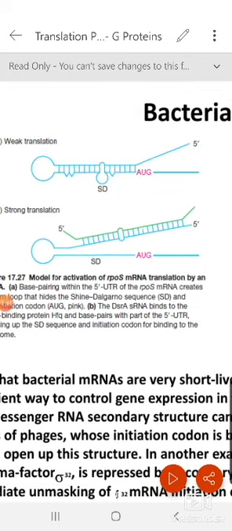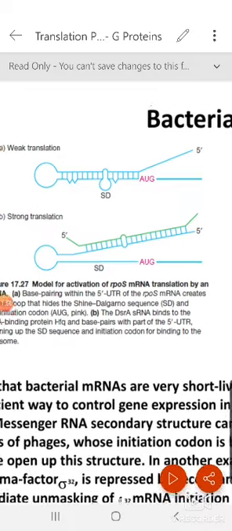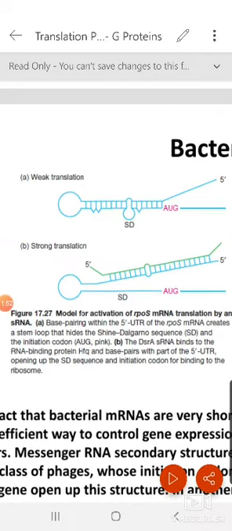How is that sigma factor gene regulated? It is because of the 5 prime untranslated region. There is a typical secondary hairpin loop structure, so the first AUG codon is not accessible. The SD sequence, the Shine-Dalgarno sequence, is hidden, so the AUG is not accessible and very weak translation takes place.